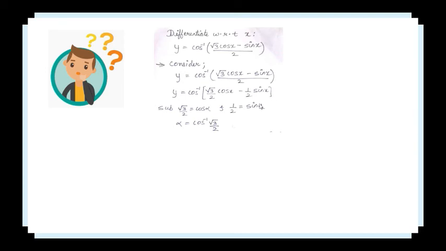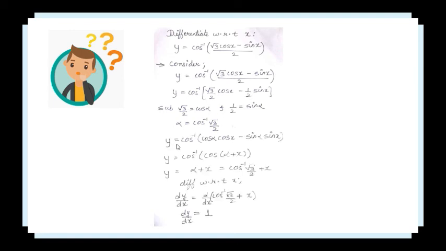I am substituting root 3 upon 2 as cos alpha and 1 upon 2 as sin alpha, and I can write alpha as cos inverse of root 3 upon 2. We'll see why I have substituted cos alpha.